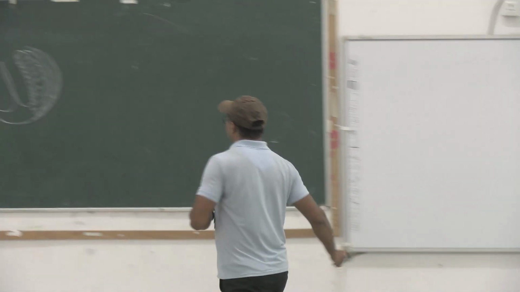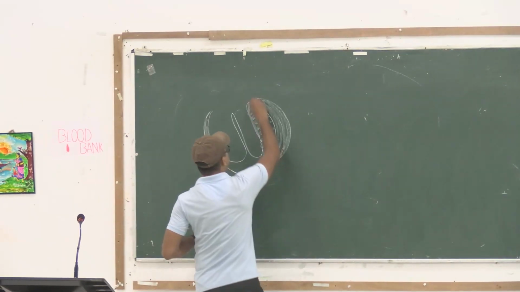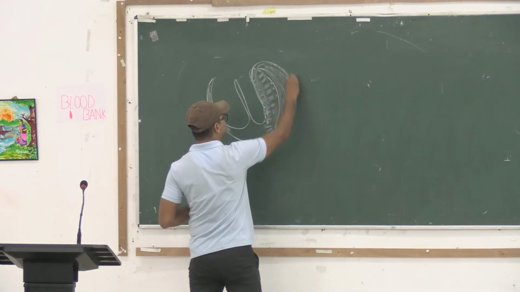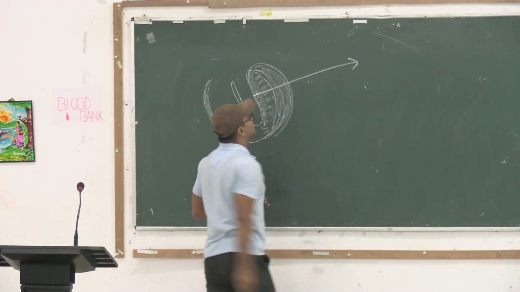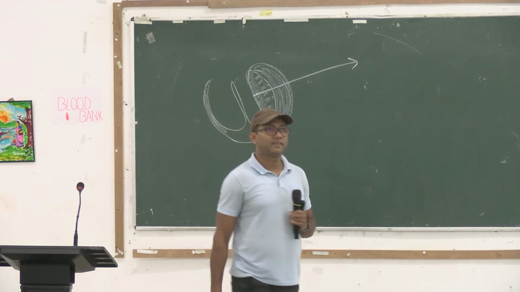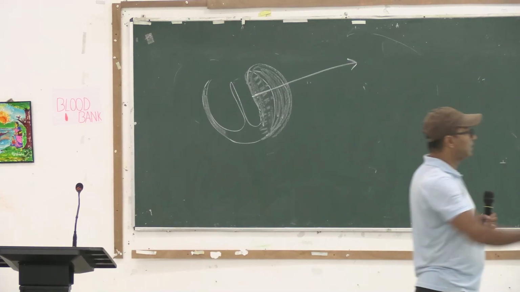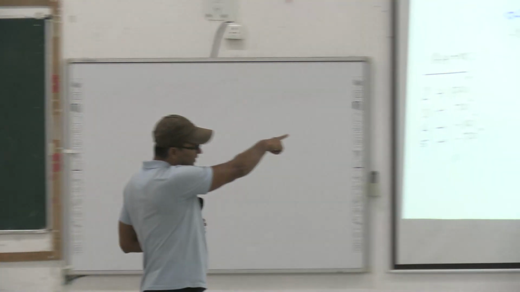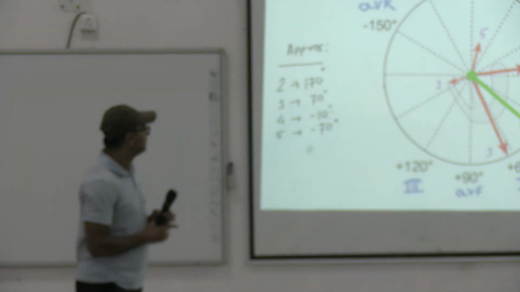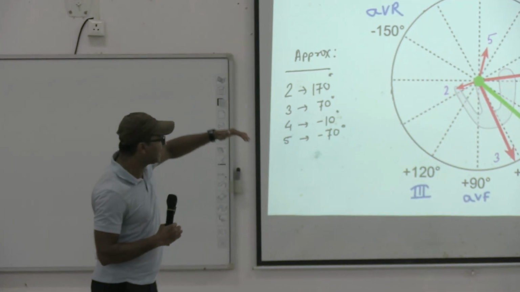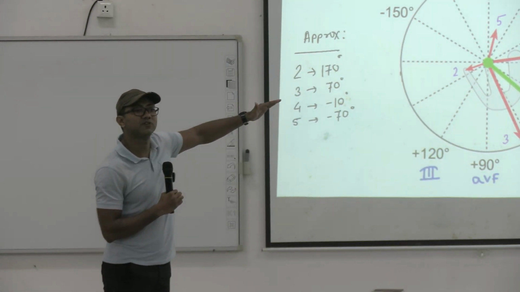To depolarize this total muscle mass, you need a big vector. Now as the number 4 vector will be bigger, the mean axis will shift towards 4.